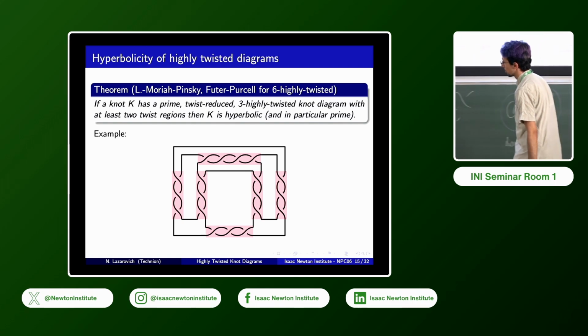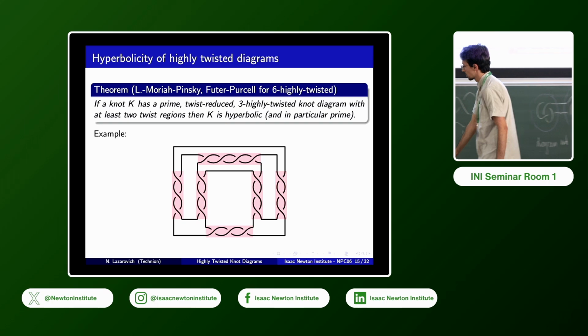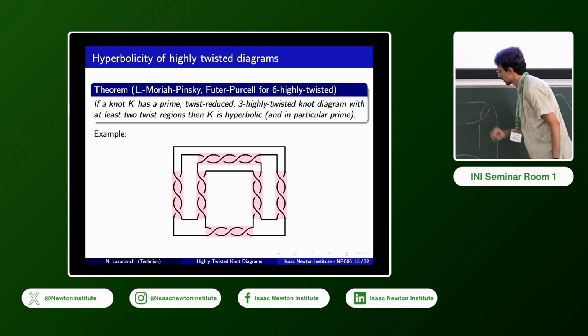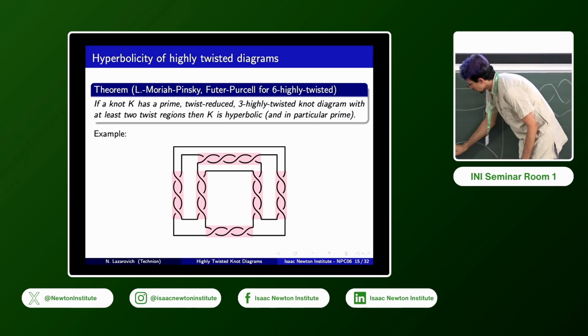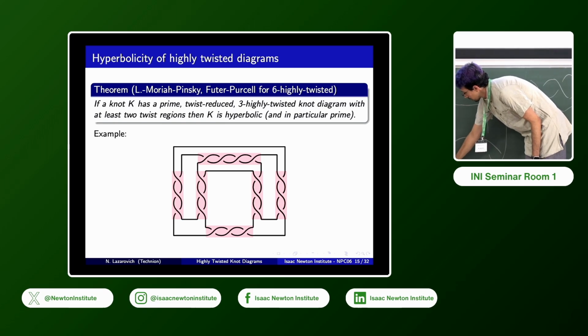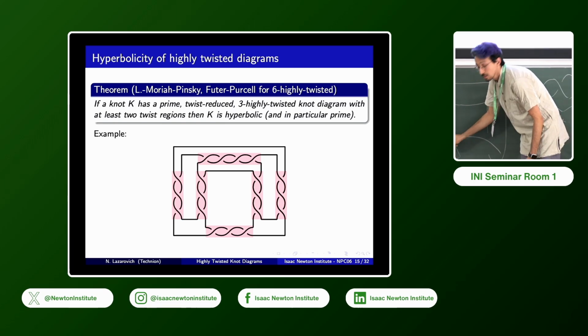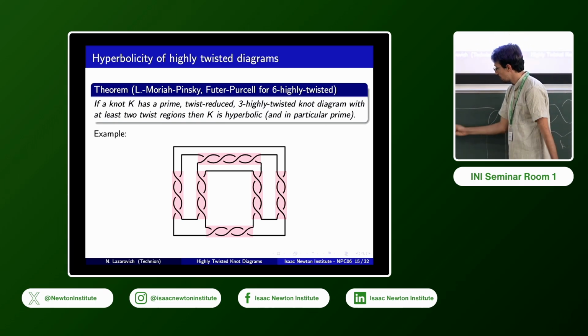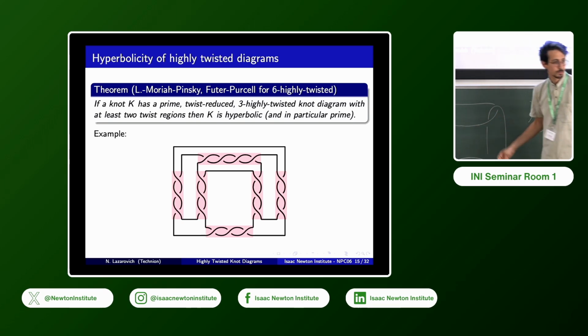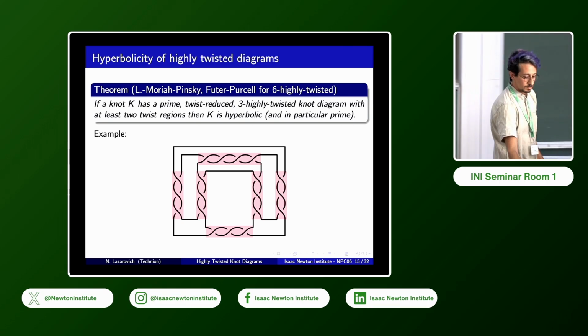Okay, so this is not hyperbolic. For instance, there's an annulus connecting this to that. But you see that it is 2 highly twisted. So here are the twists, and we see 2 in a row. Every time we see 1, we see 2 in a row.